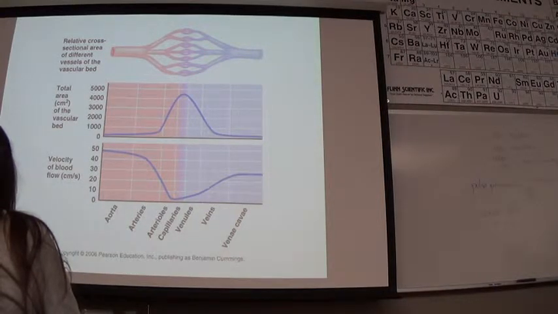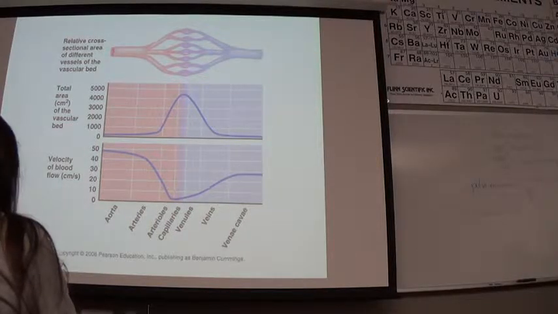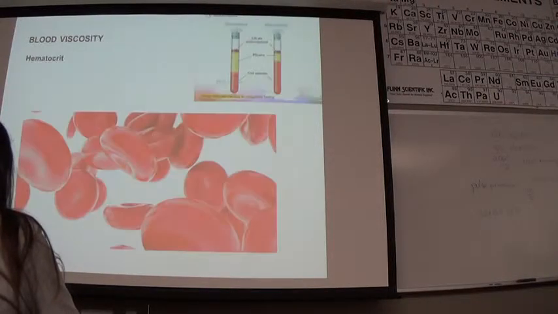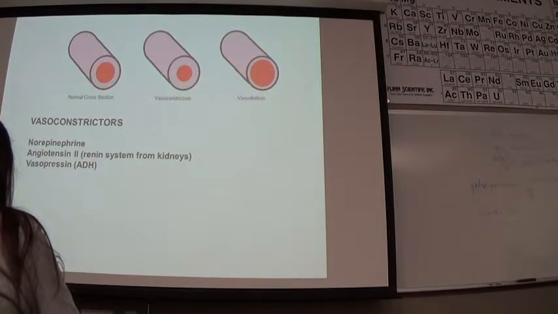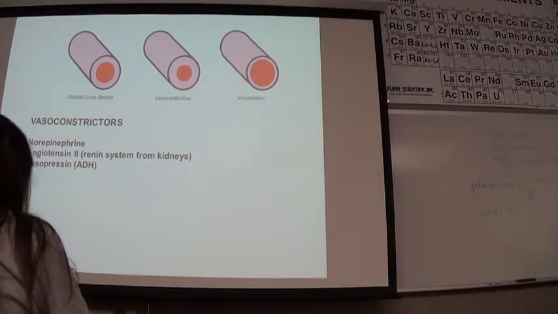And so arterioles are the smallest vessels that still have smooth muscle that we can use to affect blood pressure. Okay? We'll look at hormones towards the end that affect constriction. So primarily norepinephrine is our sympathetic component.